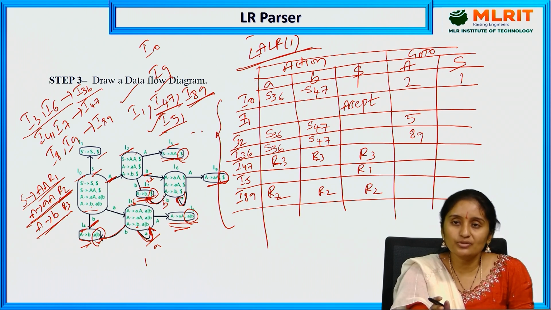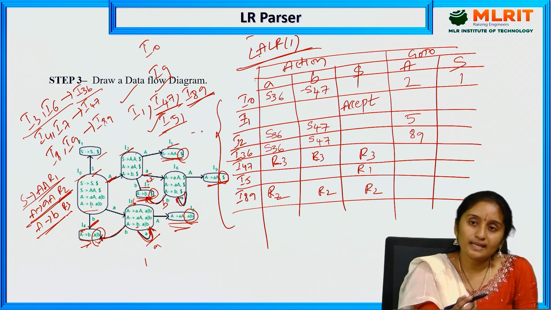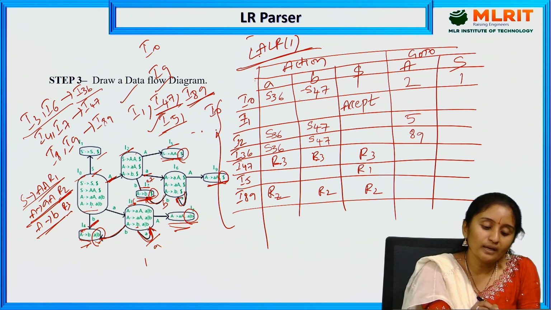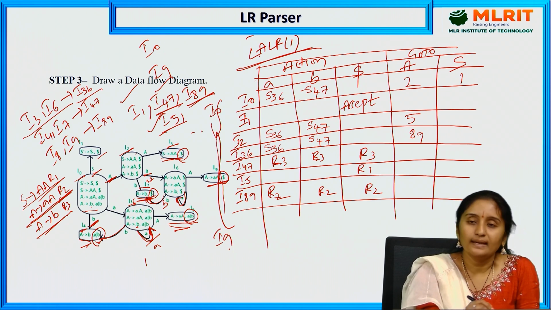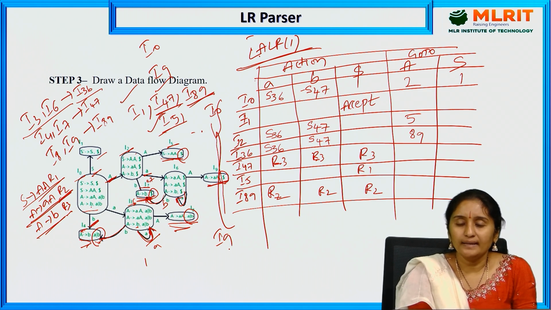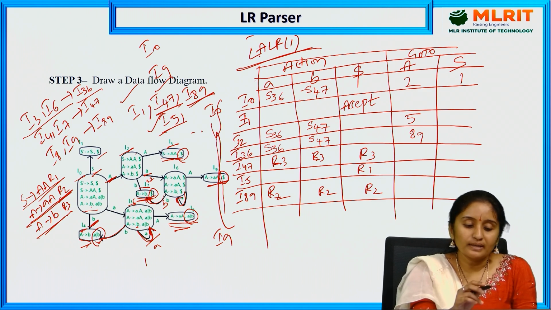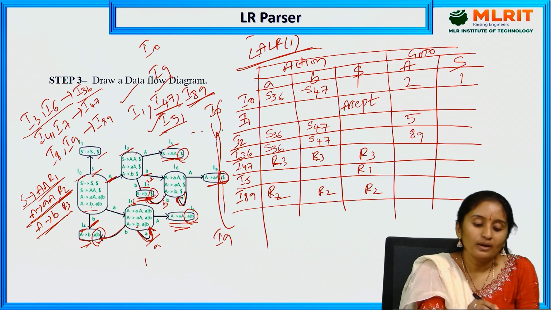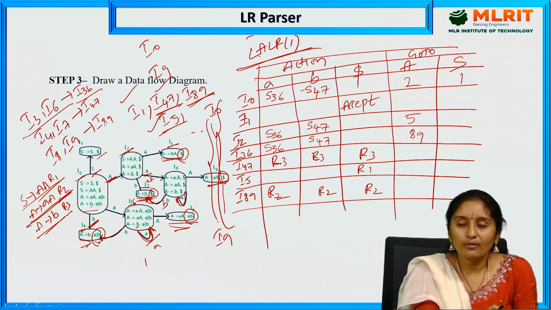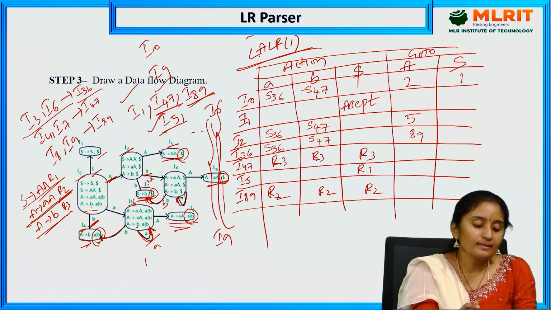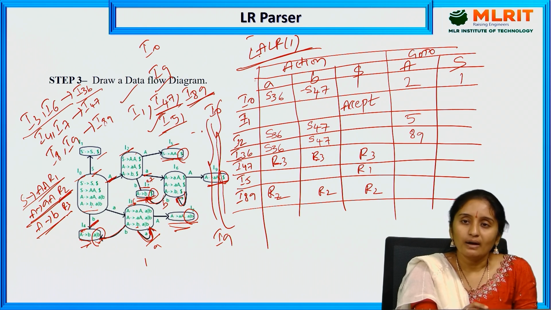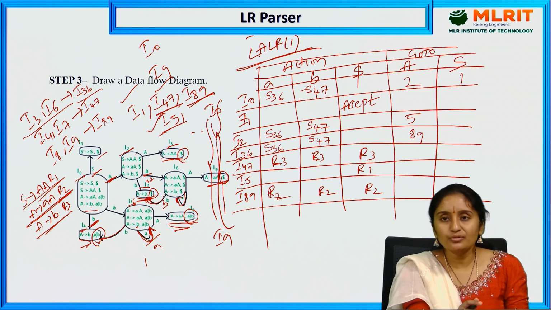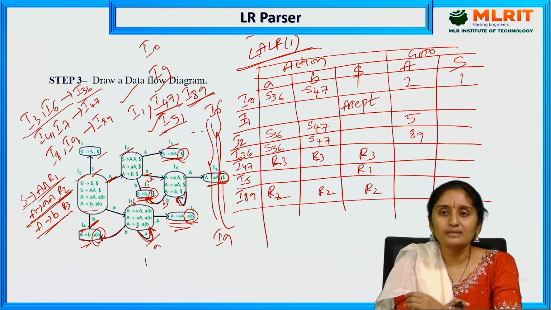In the CLR(1) table we plotted I0 to I9 rows. But in the LALR(1) table we have reduced the number of rows by merging states which have the same productions but different lookahead symbols.